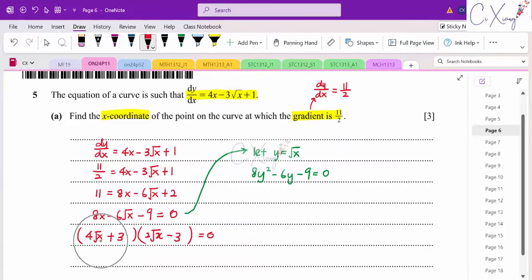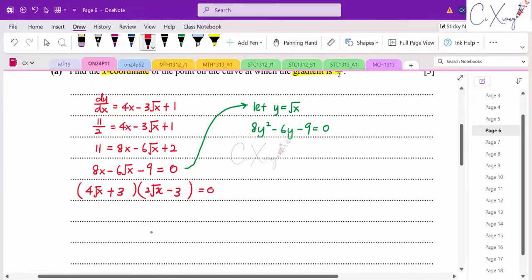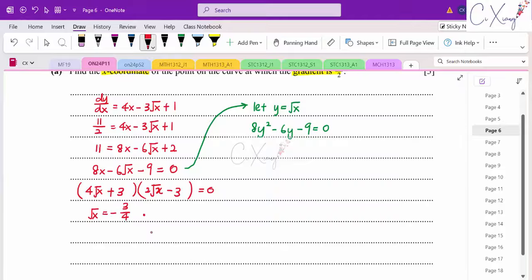Right, so let's have a look at this part. When I try to solve this equation, I'm having square root x equals to negative 3 over 4. Then the second answer is square root x equals to 3 over 2. For the first, we'll ignore the answer directly.